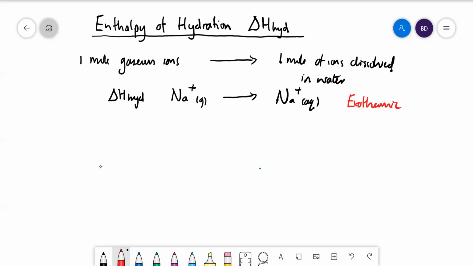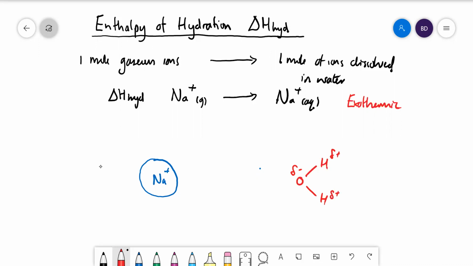Now, why is that? Well, if you put a sodium ion in water, let's draw a sodium ion. What's going to happen to that? Now, water is a polar molecule, isn't it? Water has a partial negative charge on the oxygen and partial positive charges on the hydrogens.